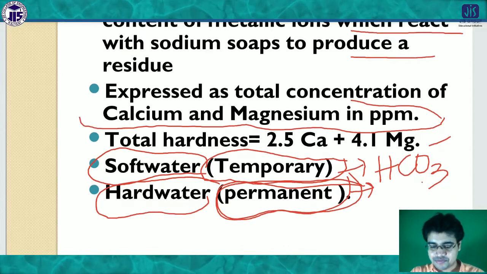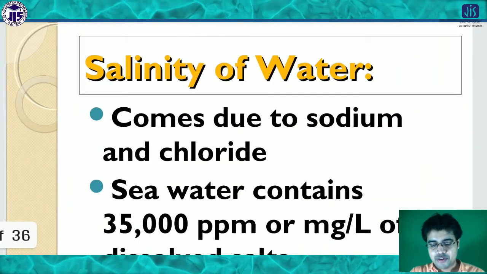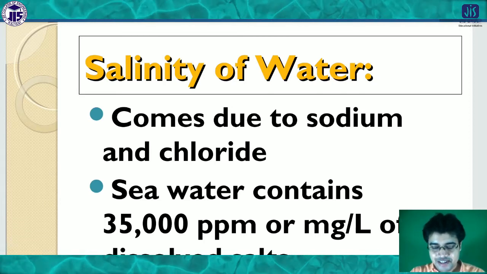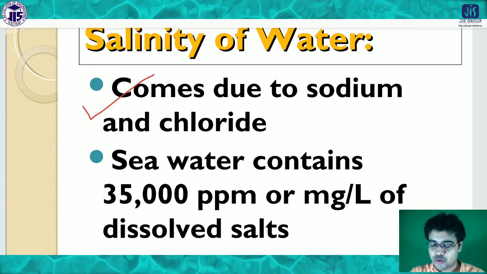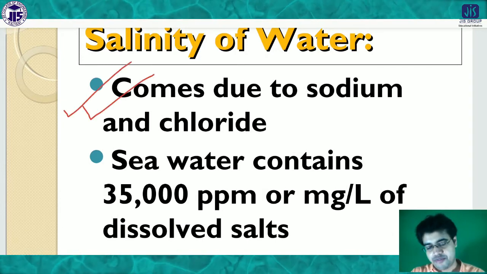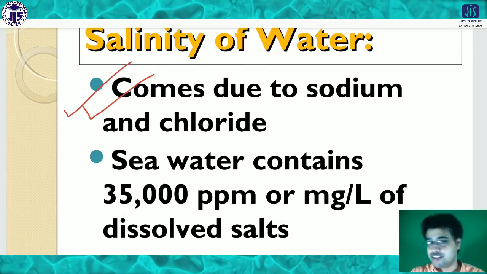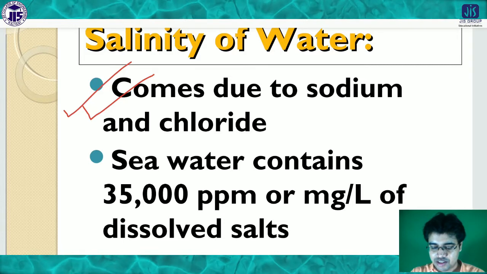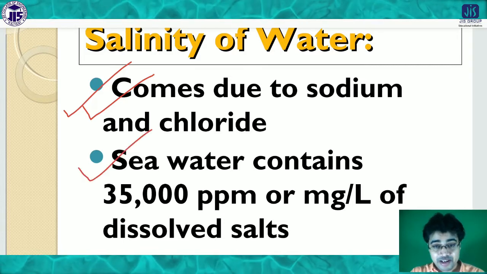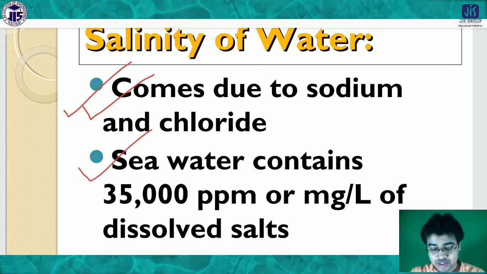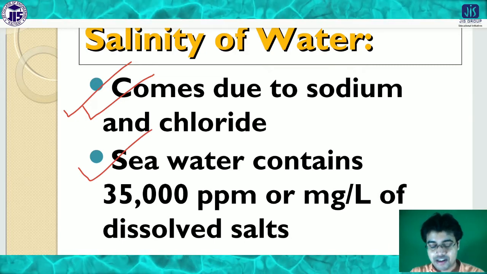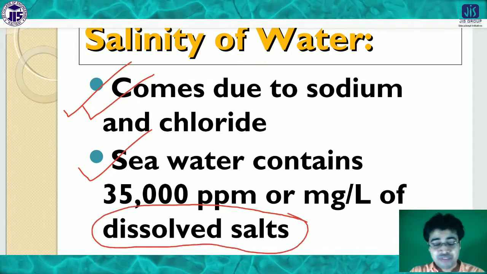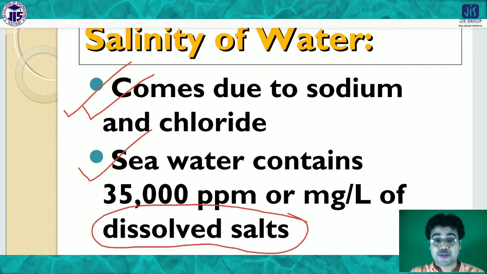Now, the salinity of the water comes mainly due to sodium and chloride. This is the main reason for this particular property of the water. And second, sea water contains approximately 35,000 ppm, or milligrams per liter, of dissolved salts. All of you know very well that's why sea water is very salty.